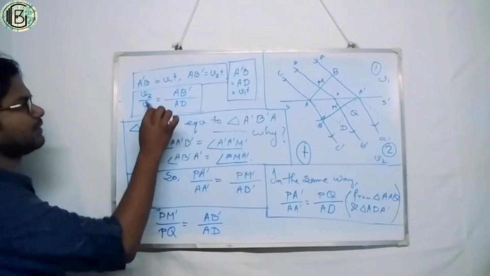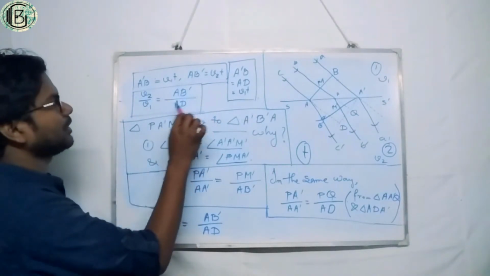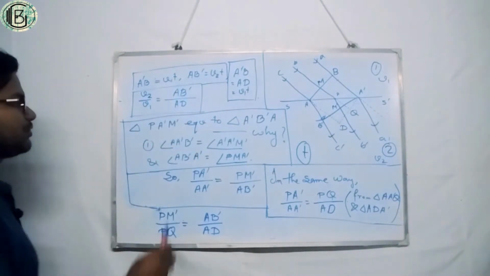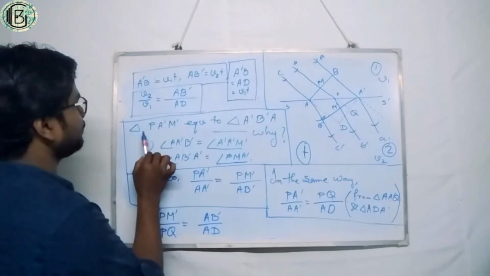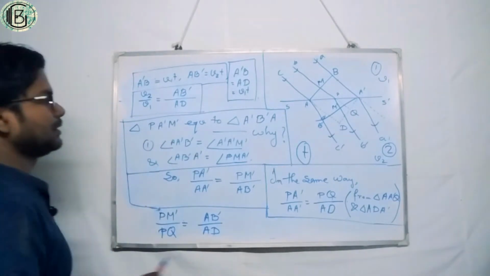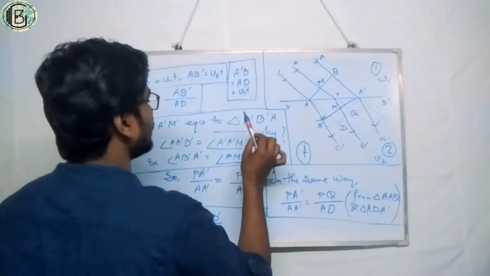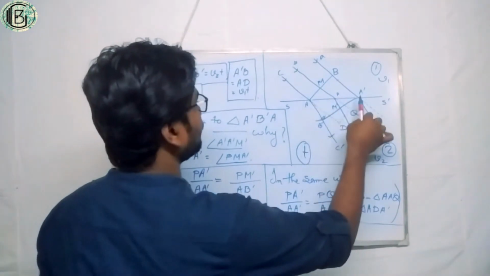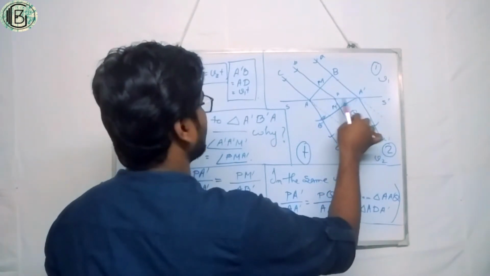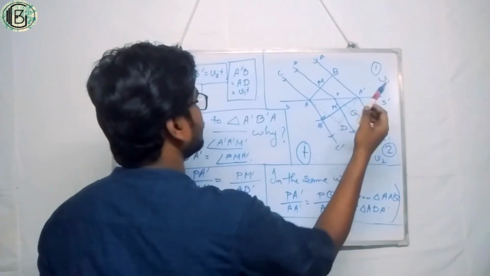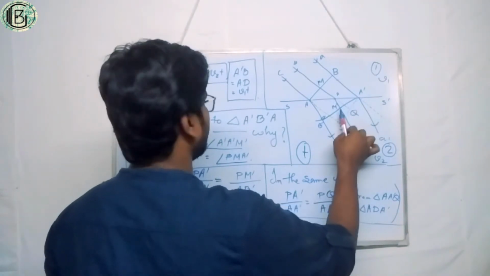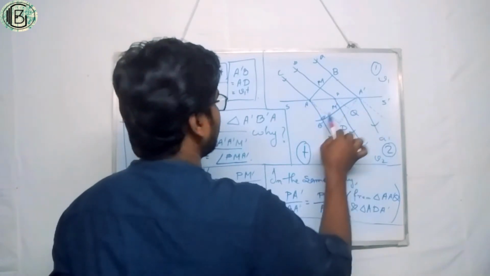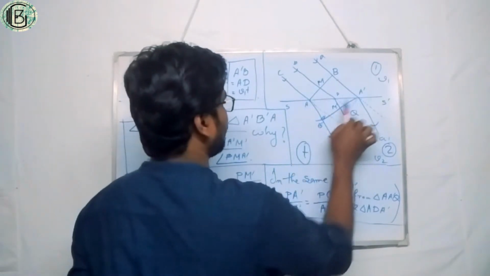Now from triangle P, A prime, M prime and triangle A, B prime, A prime, we can see that, from the triangle P, A prime, M prime and A prime, B prime.